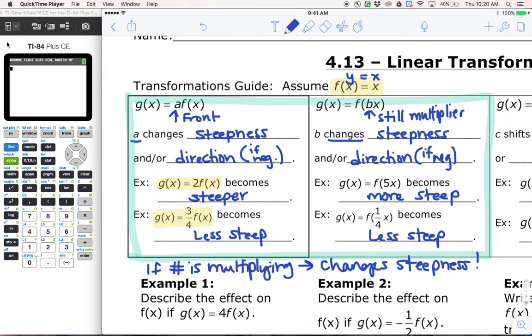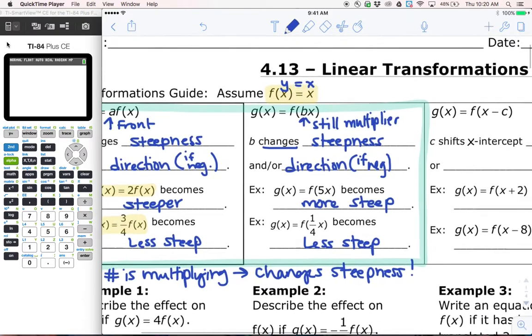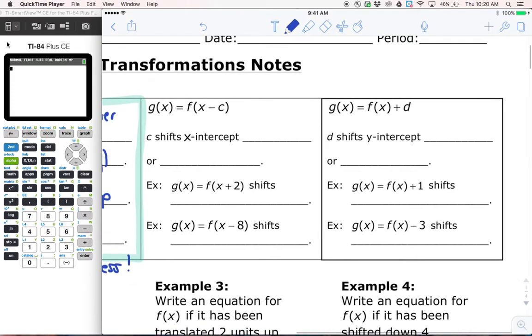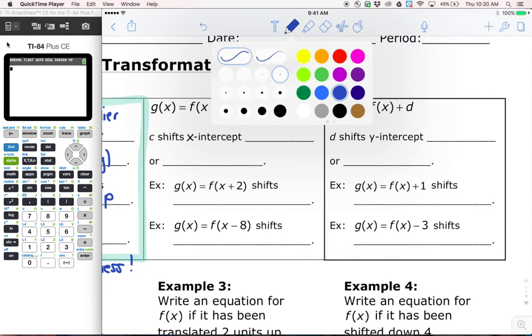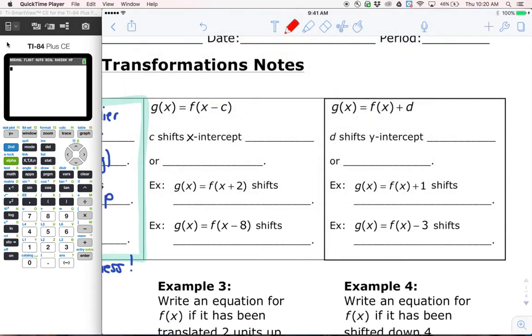Let's look at the last two boxes. In this case, we have C and we have D. What I would like you to notice is that this C is inside the parentheses, and the next one, this D, is outside the parentheses. That's a huge distinction that I need you to make. If we are no longer multiplying, then we're no longer changing steepness.